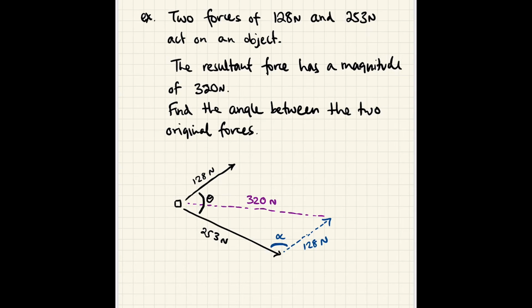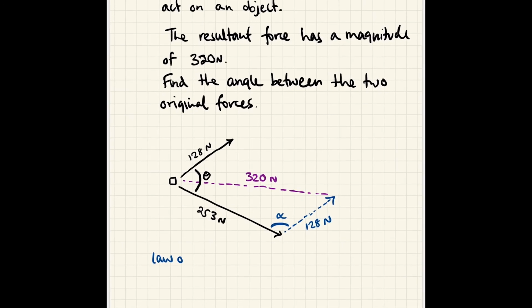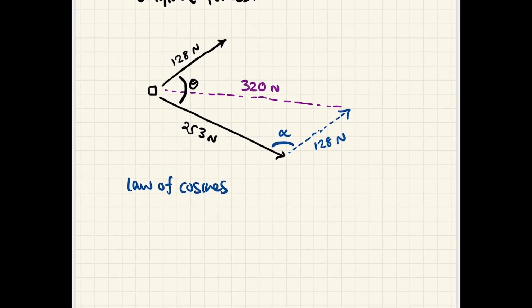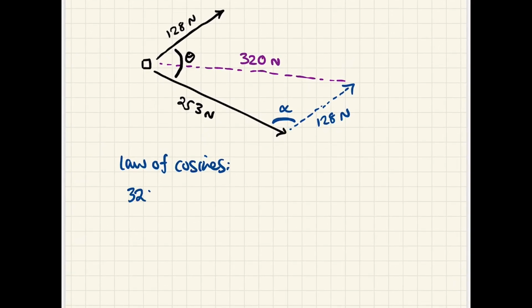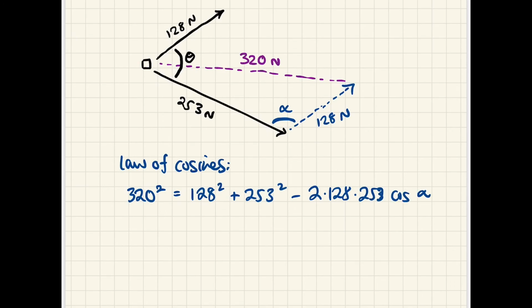Okay, and specifically, when we're setting it up, the side that's opposite that angle is the side that's isolated in the law of cosines, which means it's the 320 that'll be squared on the outside, and then there'll be a 128 squared plus 253 squared minus 2 times 128 times 253 times cosine of alpha, and it's that alpha that we're after.